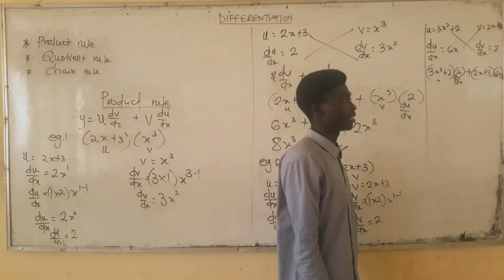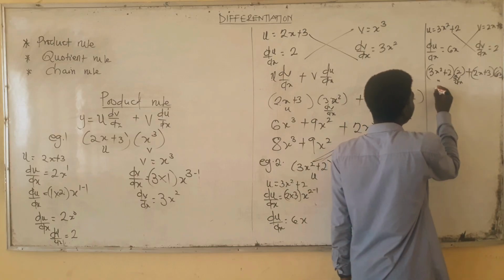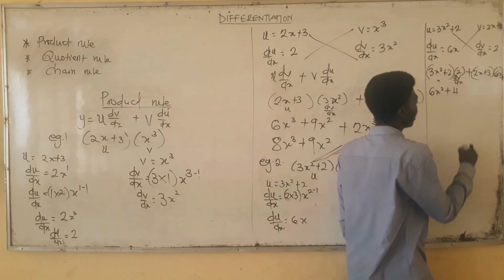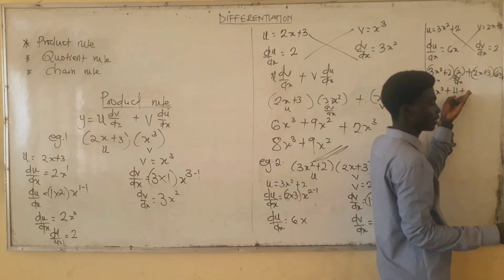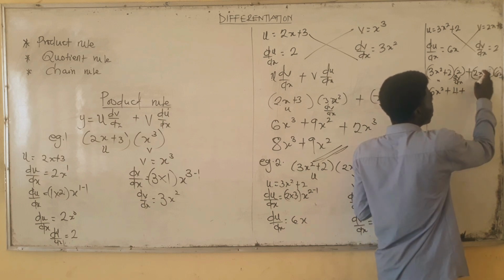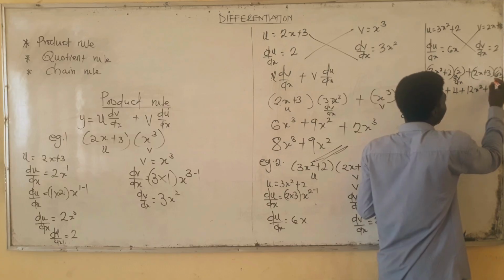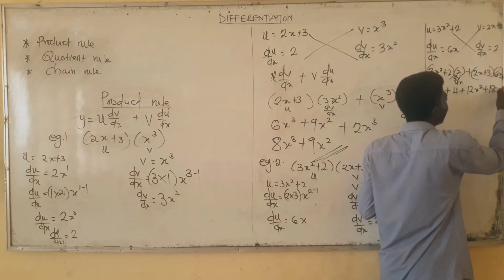So from this you can simplify. 2 multiplying this bracket here, we are getting 6x squared plus 4. Right? So this plus here, this operation plus, this. 6x will multiply this bracket as well, and we are getting 12x squared plus, if we multiply 6x by 3, we are getting 18x.